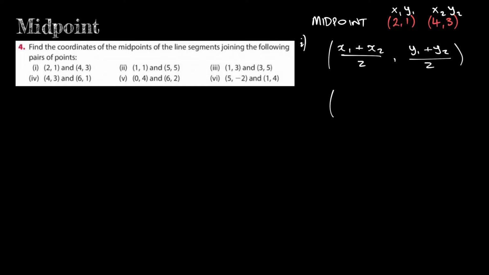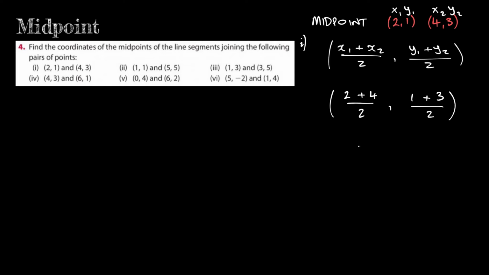So x1 is going to be 2 plus 4 divided by 2, comma y1 is going to be 1 plus y2, which is 3, divided by 2.